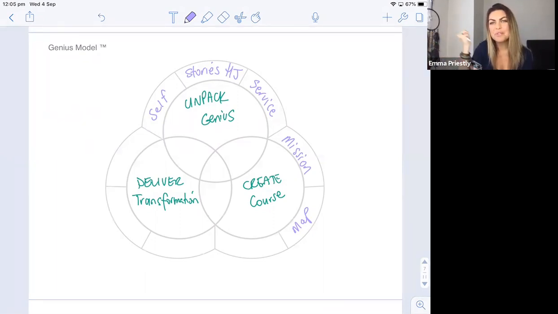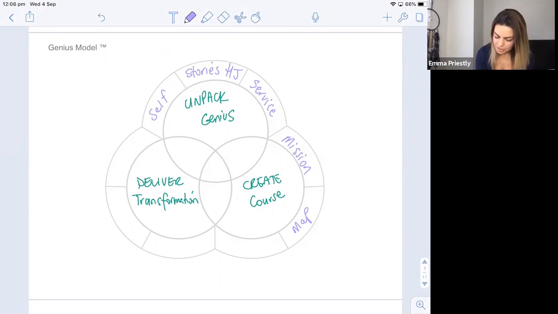Has no real direction and container. Whereas if we pour that same content into a cup, then it's very clear where people go in order to consume it, right? That's important. So we need to have a map that not only gives you that structure, but also allows your beautiful, creative, and flexible side to come into play.